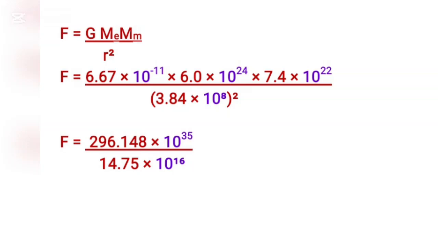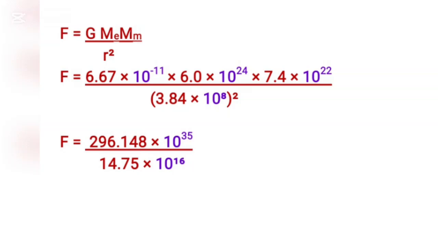And when we collect 10 raised to power minus 11 multiplied by 10 raised to power 24 multiplied by 10 raised to power 22, we will get 10 raised to power 35, divided by 3.84 times 10 raised to power 8 all squared. We will square 3.84, that will give us 14.75. 10 raised to power 8 all squared will give us 10 raised to power 16.